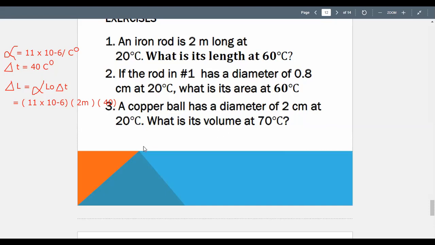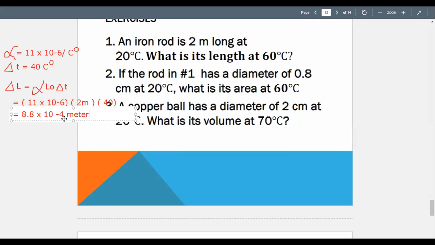Again, 11 times 10 raised to the power of negative 6. 10 to the minus 6. 11, okay, then that's scientific notation. 8.8 times 10 to the power of negative 4, sir. That's meters. That's a small value, no?